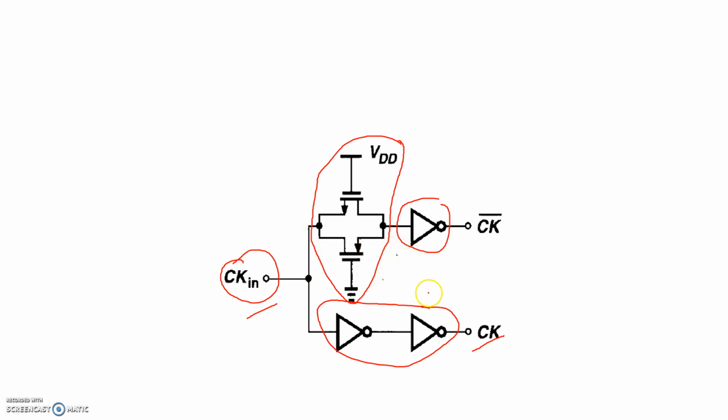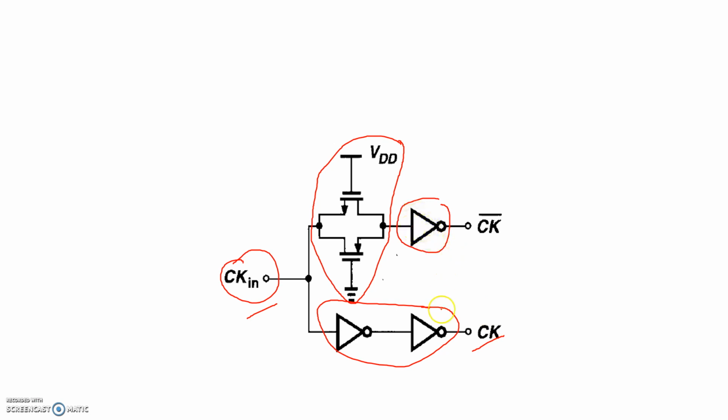If we implement a single inverter, we are unable to get exact inversion, but in this case, while getting clock complement and clock, the difference in the transition or propagation delay between these two can be reduced by a very high or accurate amount. Why?